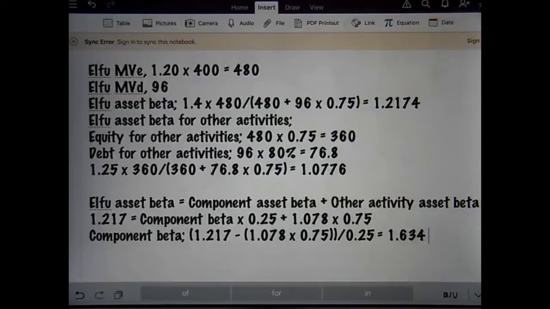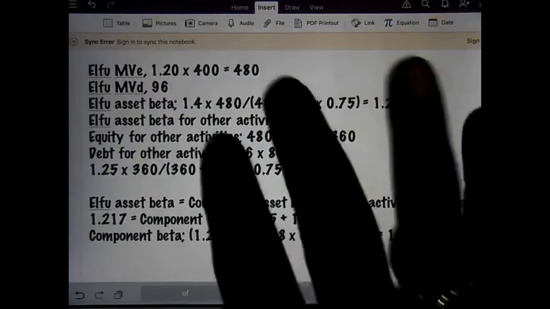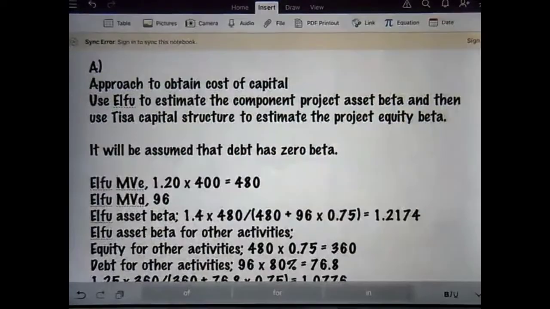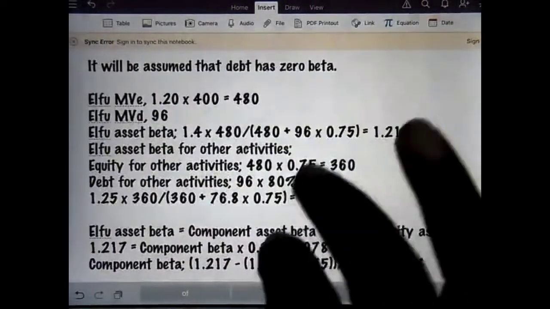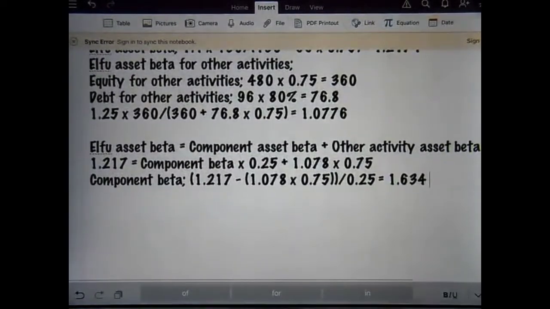Why do I follow the equity one? Because remember we said the debt beta was 0. We already made the assumption that debt beta was 0, remember? So debt percentage doesn't really affect you. Yes or no? We made an assumption up here that allows you to use this. Okay. Are you clear now?